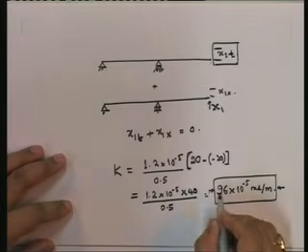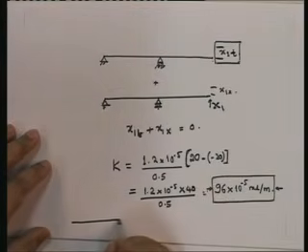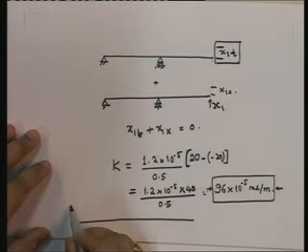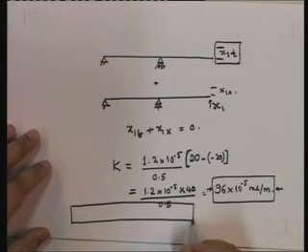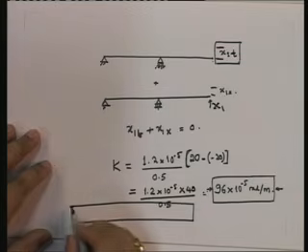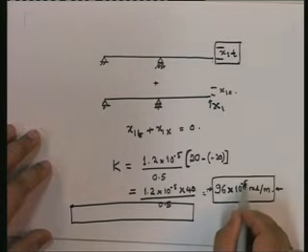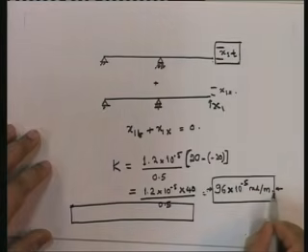This is uniform. In other words, if I were to draw the actual kappa, it would be uniform across the board and would be equal to 96 into 10 to the power of minus 5 radians per meter.